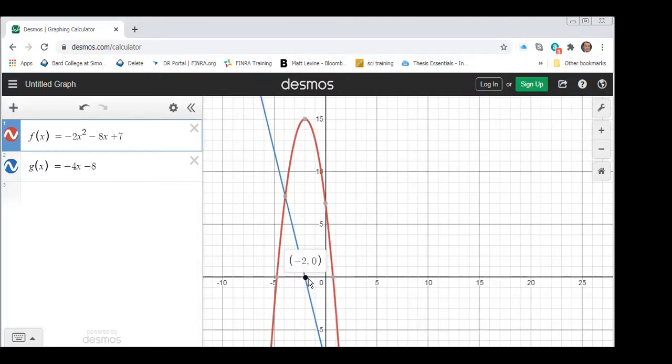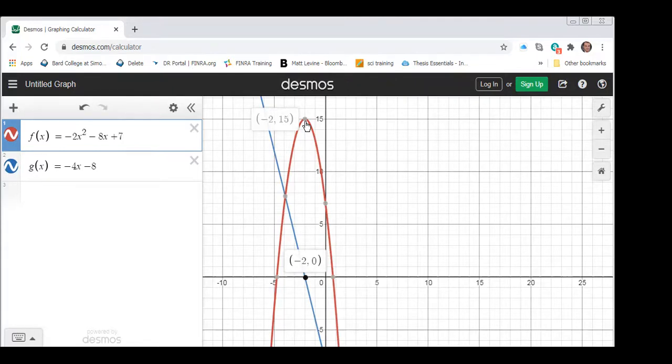And that's where the derivative is equal to 0. And now the derivative is switching from positive to negative. So the original function is switching from increasing to decreasing. And therefore you've got a maximum.